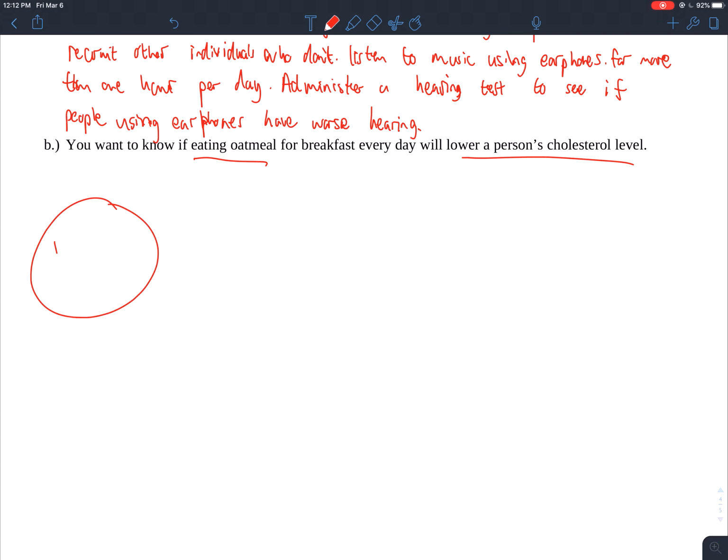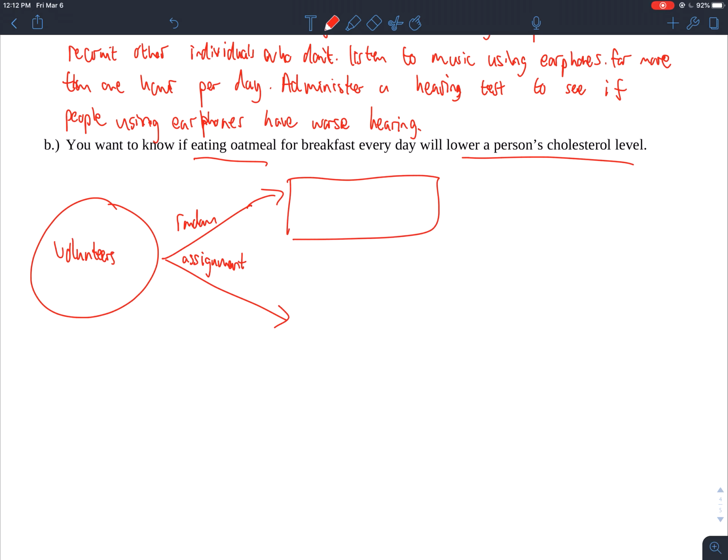You just say, get some volunteers, okay, and then do random assignment to groups. And what are my two groups? Okay. My treatment group and my control. And my treatment would be they eat oatmeal for breakfast.